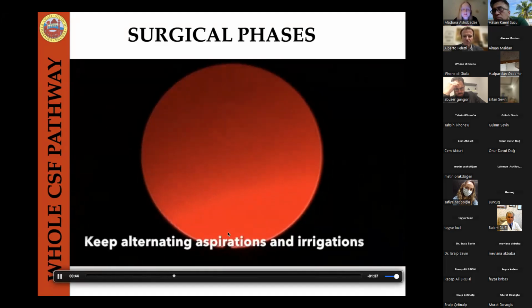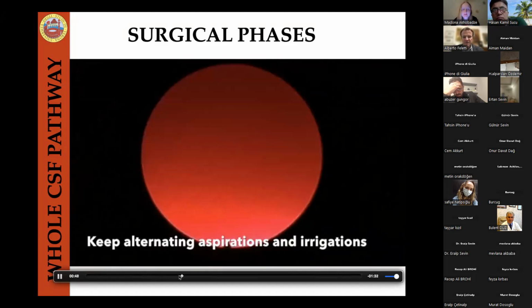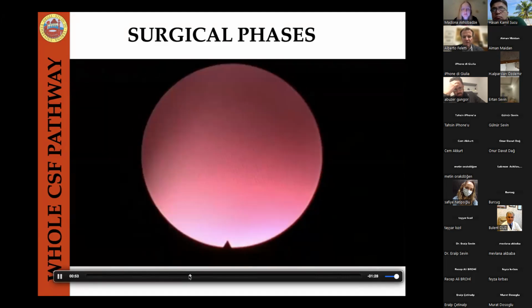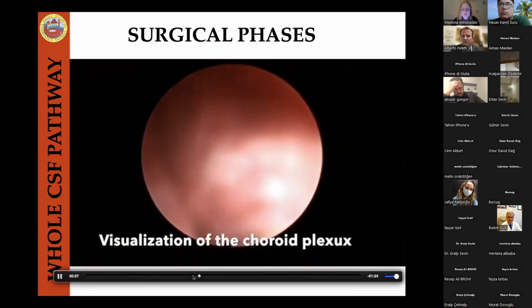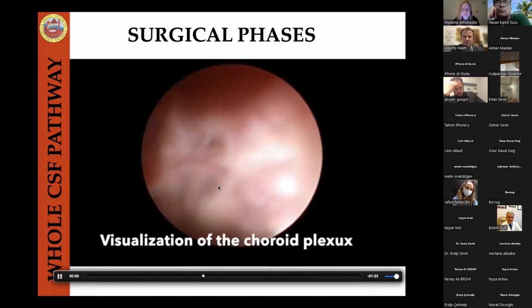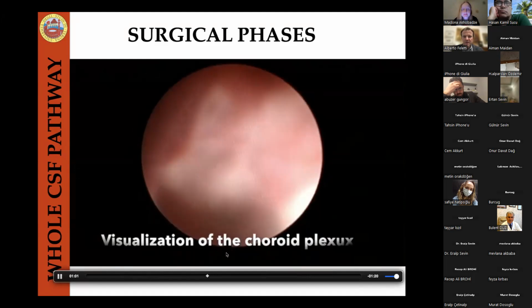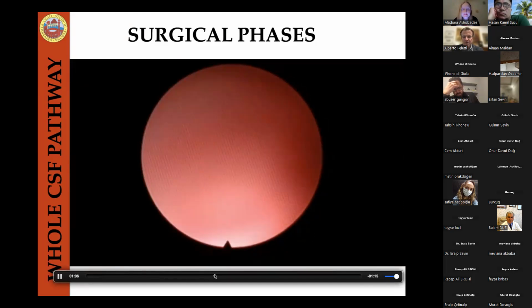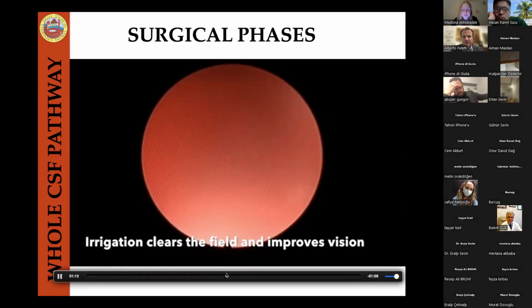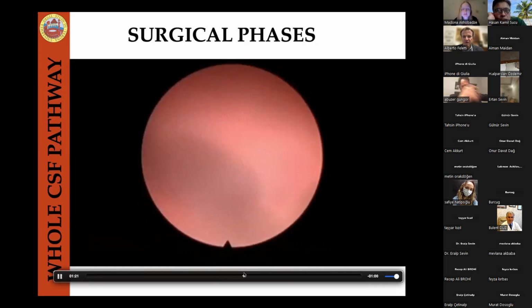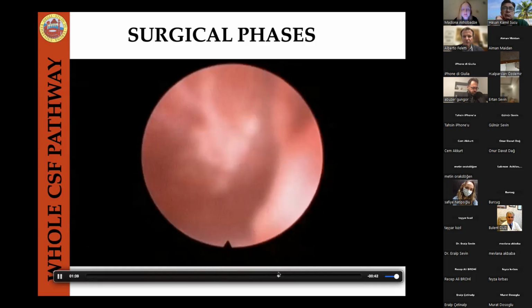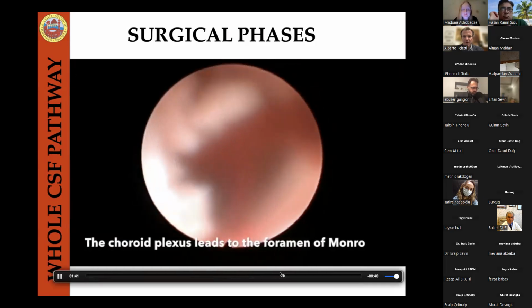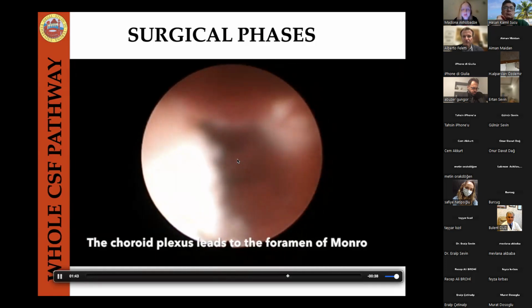And if you keep doing aspirations and irrigations, you will find a very important anatomical landmark, which is the choroid plexus of the lateral ventricle. The choroid plexus must be followed backwards to get rid of blood from the occipital horn of the ventricle, and can also be followed forwards to get to the foramen of Monro.